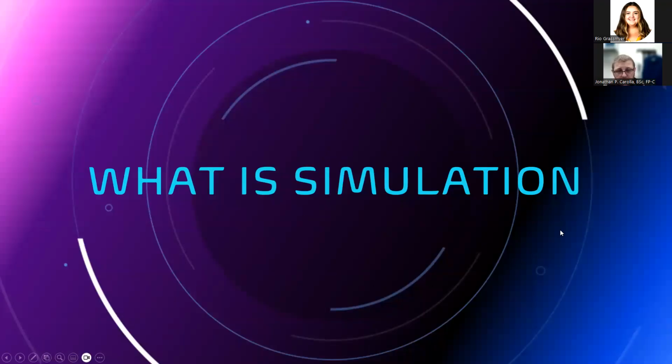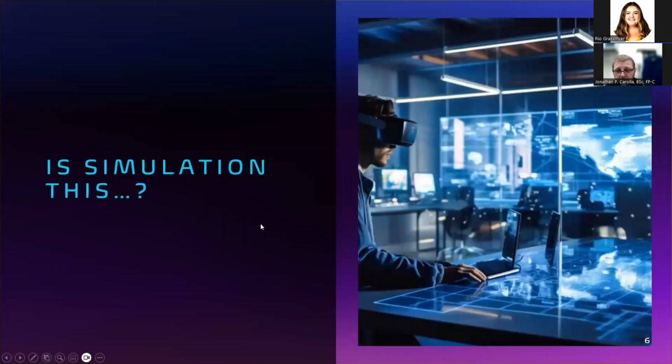While people are hopefully putting stuff in the chat, is this simulation? Super high tech, virtual reality, all of those things? Is that what we think simulation is? Okay. Carrie put a modality of teaching that's proven to improve patient outcomes. Jennifer puts hands-on training. I agree with both of those.